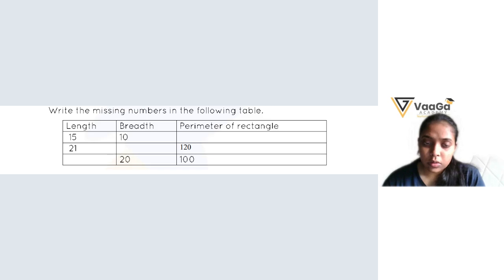Write the missing number in the following table. Tell me what number will be this? What will be the perimeter if length and breadth is given? Rectangle of 20.